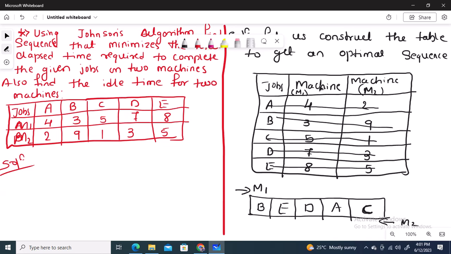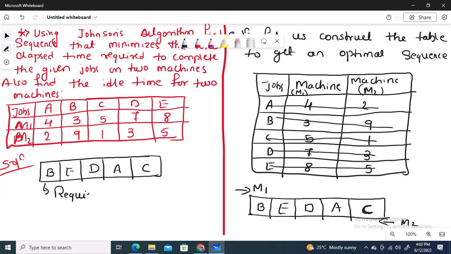Once we have this optimal sequence, we have to find the minimum elapsed time with the help of it. I'll write the optimal sequence on this side, and on the other side I'll write the table. The optimal sequence is B, E, D, A, C. So this is our required optimal sequence.